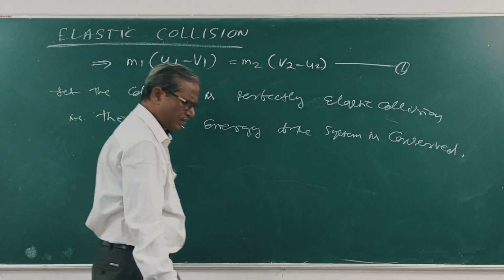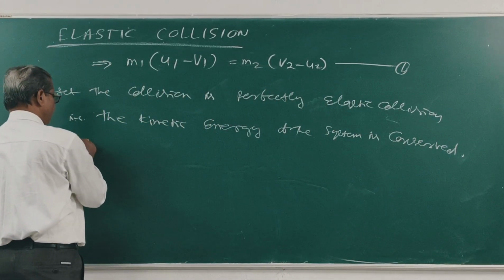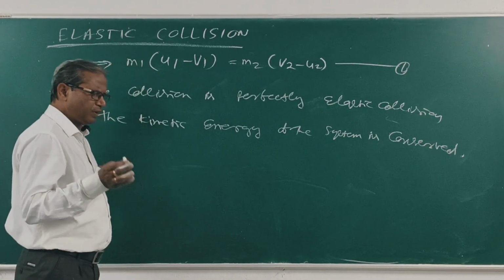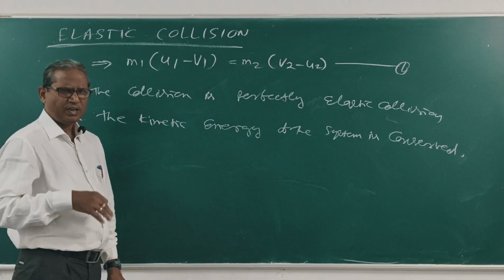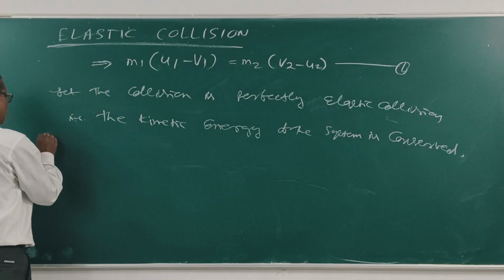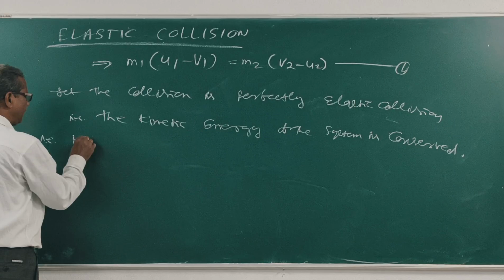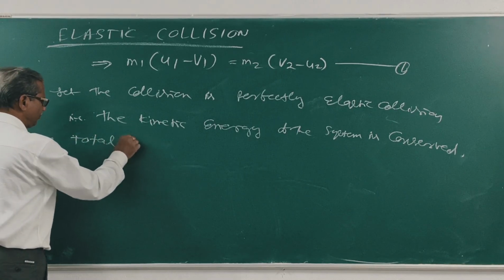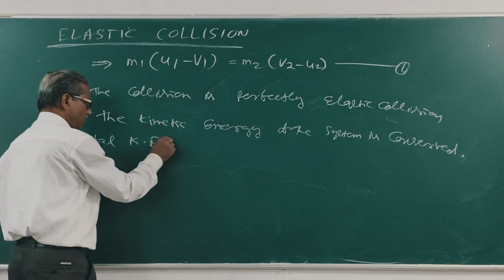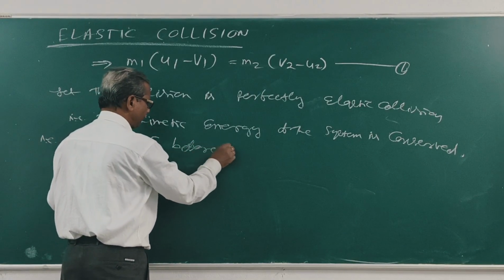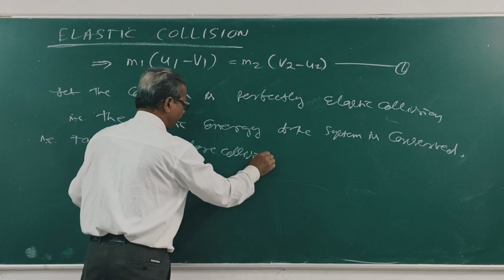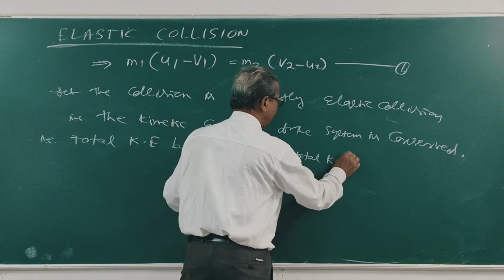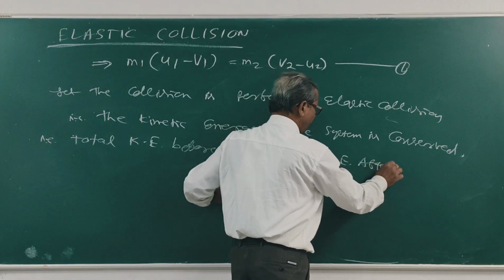That is, K before collision is equal to K after collision, total K before collision is equal to total K after collision.